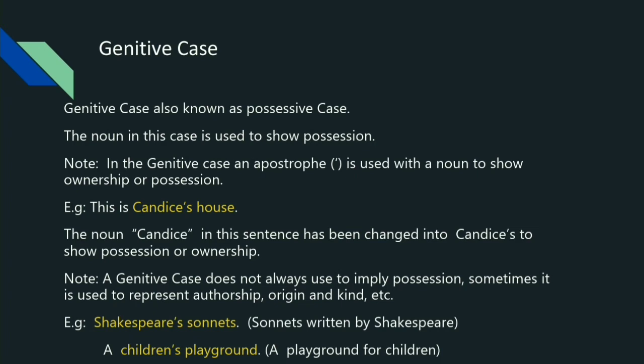This particular example signifies that these sonnets are written by Shakespeare. So this shows the authorship. And there's another example which is a children's playground, and this shows a possession. This playground is related to the children. So I hope the concept of genitive case is clear to you all.